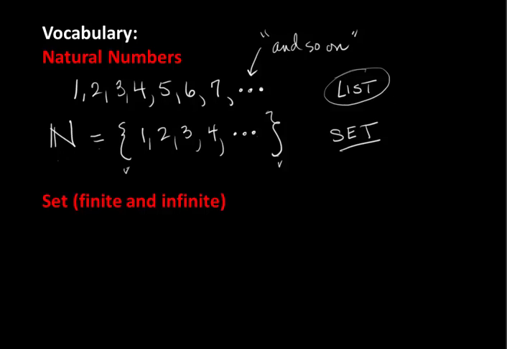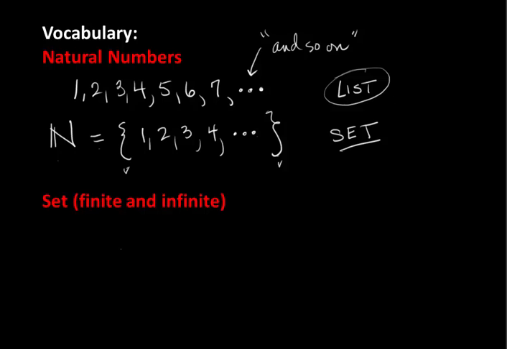But notation is extremely important in mathematics. The upper one is a list. You see there's no set brackets. It's a list, putting them in order. And down here, we're using set brackets. And so we call that a set.